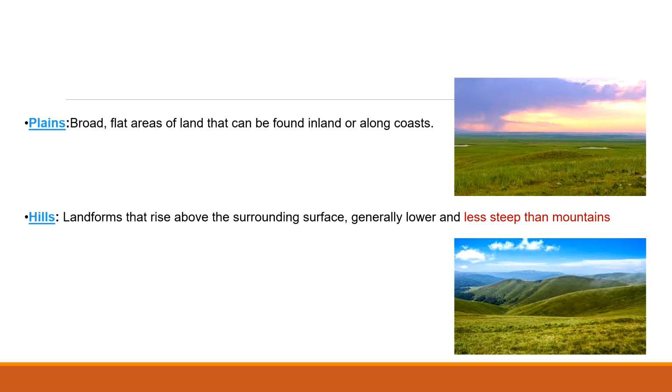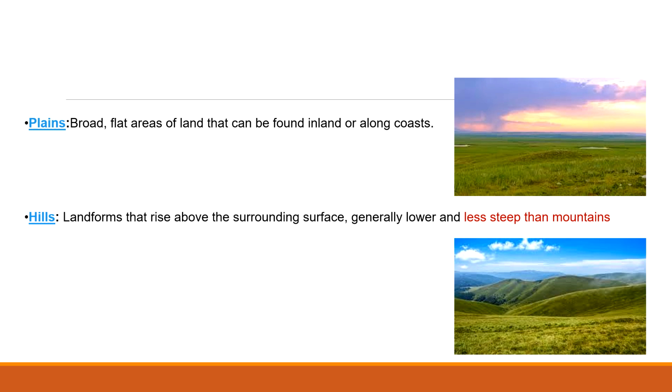The majority of the population settles in these plain lands as compared to hilly or mountain regions. You might have noticed that people settle more in such plain areas, which means population density is higher because of the numerous advantages.